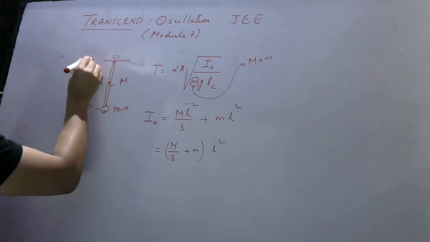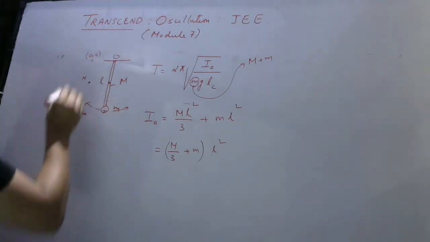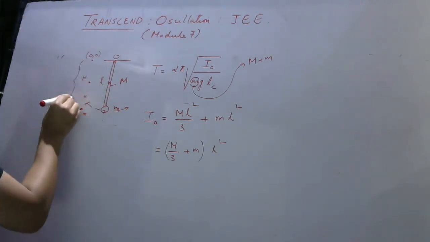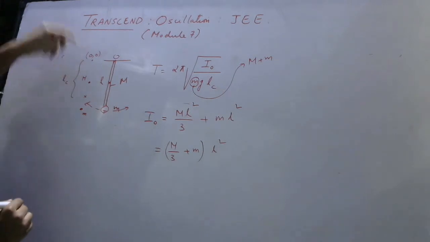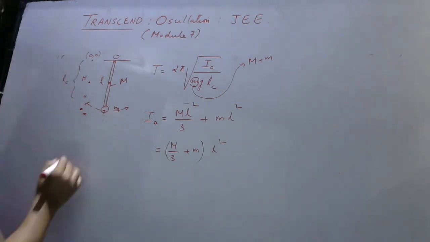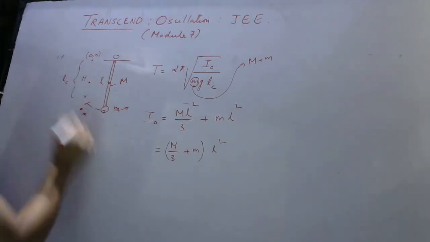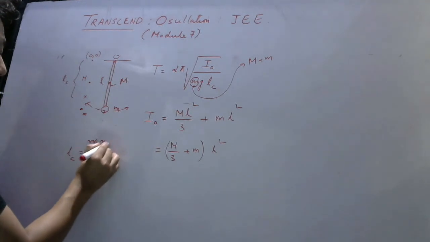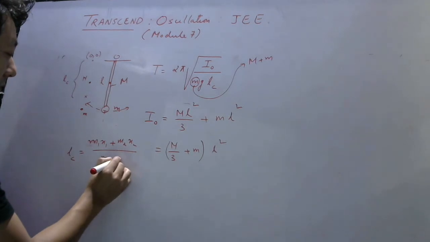So let's say this is the origin, because we want to find the distance of center of mass from the pivot. Let us say the center of mass is somewhere here. So this is the distance of center of mass from the pivot. And if I call this the x-axis, then this also becomes the x-coordinate of the center of mass. So what is the formula for the x-coordinate of center of mass? Formula you write first: m1 x1 plus m2 x2 by m1 plus m2, right?